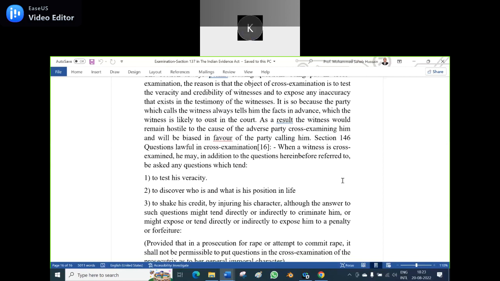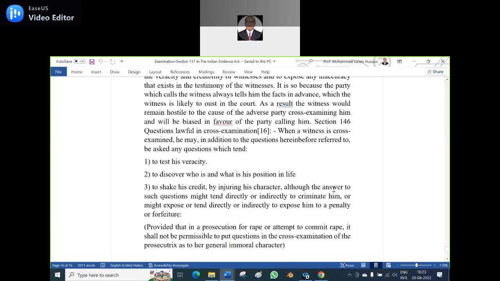And to discover who he is and what his position in life is. This also counts. That is the reason character is also an important factor in witnesses. Of course, the Evidence Act has a separate section to question the character of the witness.